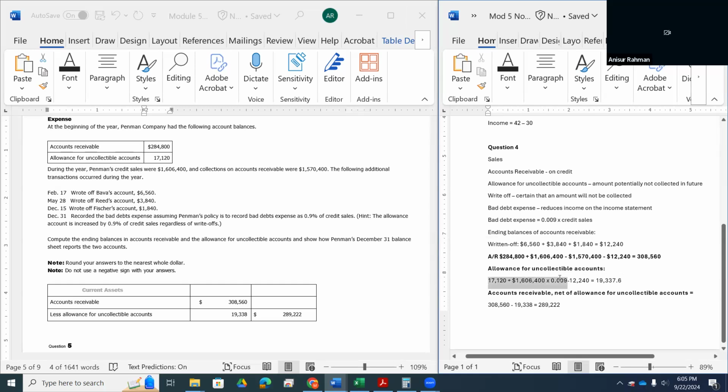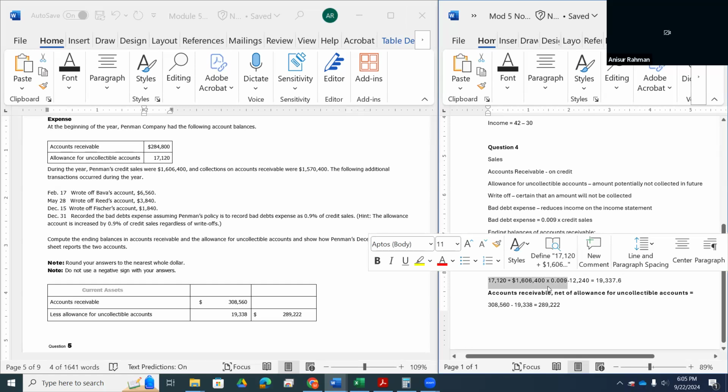Now, this is the amount that a company includes as allowance for uncollectible accounts. But whenever the company is sure that it won't be able to collect a certain amount, that reduces that balance too, in addition to the balance of accounts receivable, because it is not a possibility anymore.